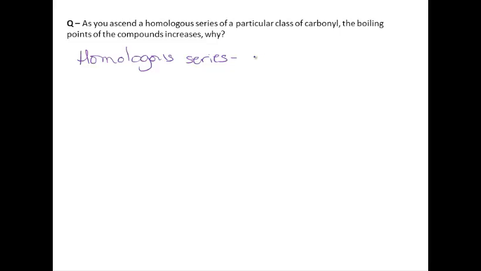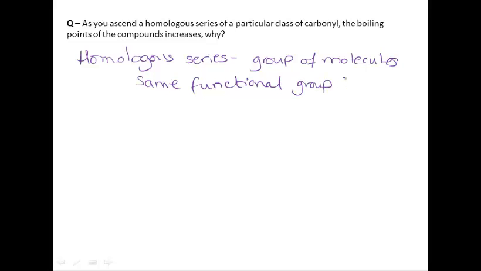So that's a group of compounds, group of molecules, which have the same functional group but differ from each other by the addition of CH2 groups. In this case, it's actually not asking for a particular carbonyl.